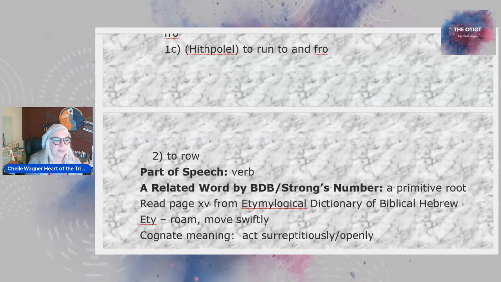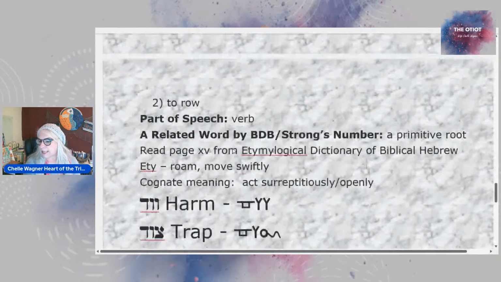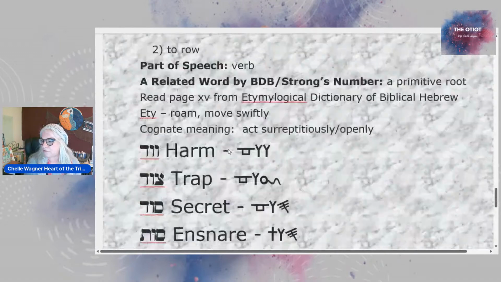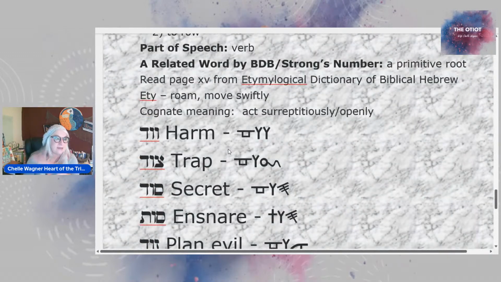Okay, so I'm going to put back up the presentation, because this is what I've listed out for us: what are the related roots? What did we find? What's related to this shoot that we were looking at, of going to and fro, which is the function that we see the adversary doing?